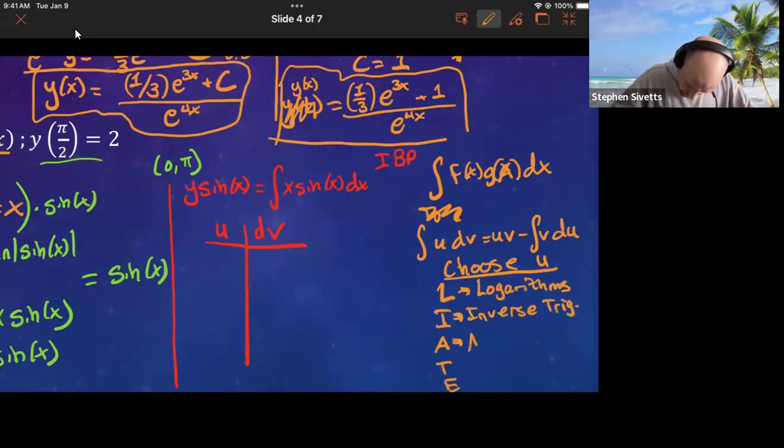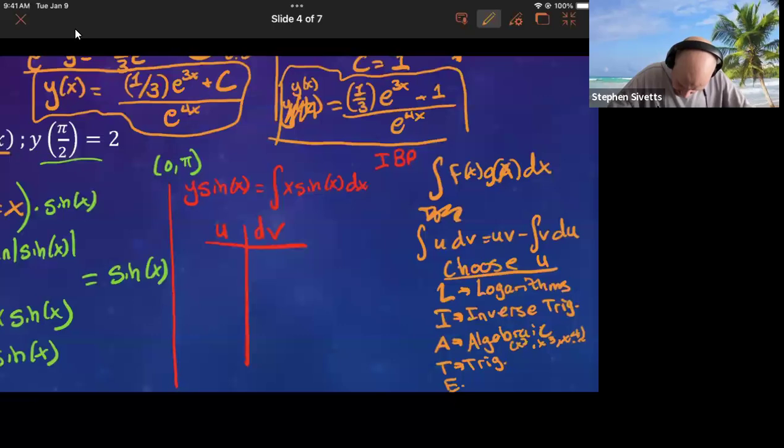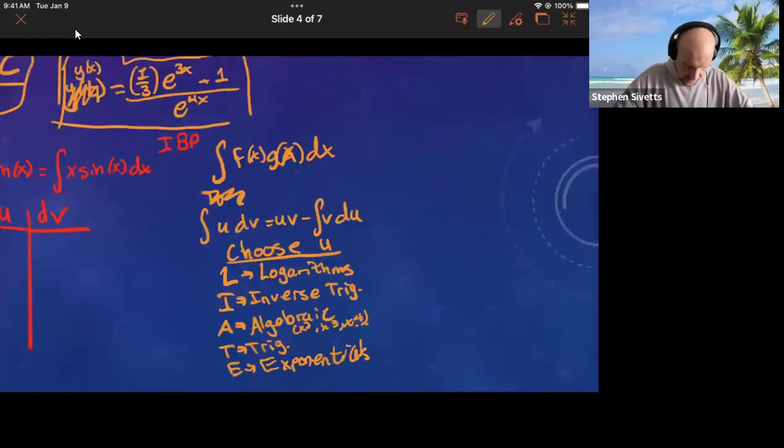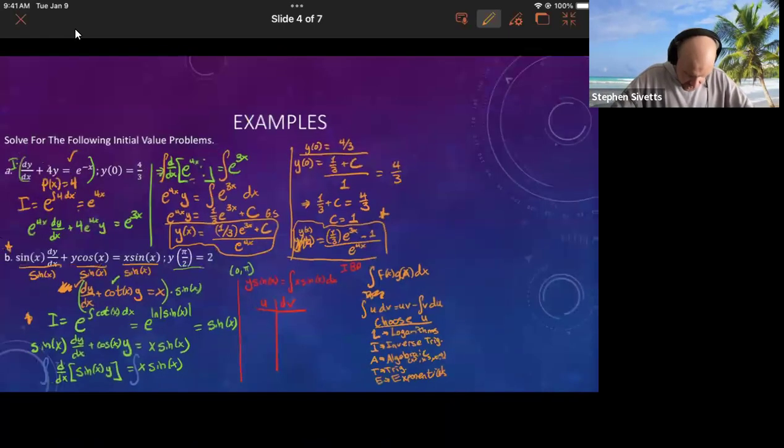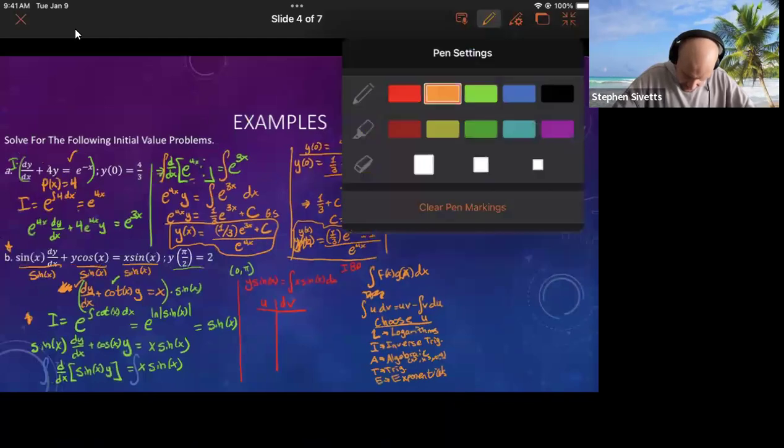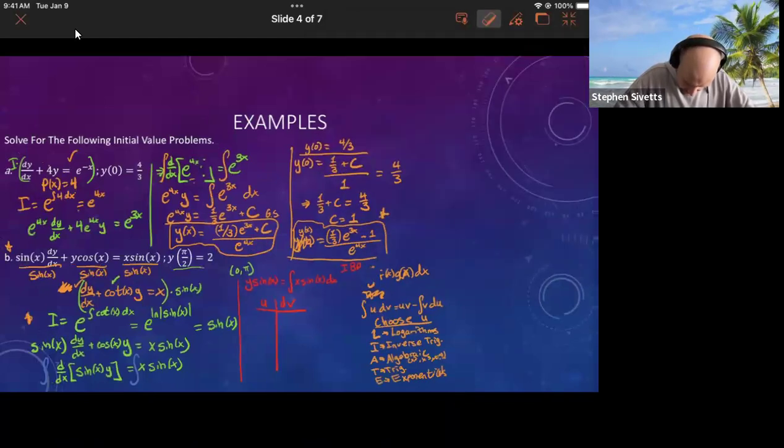A is for algebraic, so different powers on x, right? And so on. T is regular trig functions, and then E stands for exponentials. Okay? So that's the strategy for integration by parts, and that should have been reviewed in Calc 2, right?